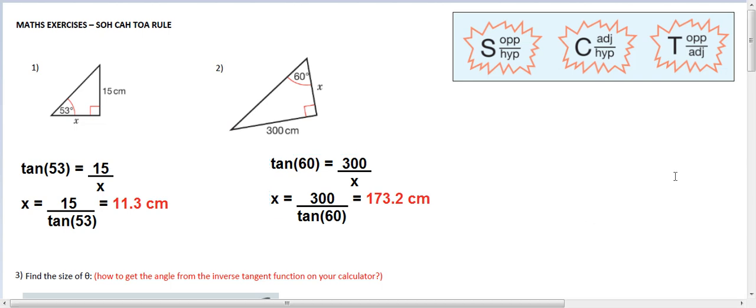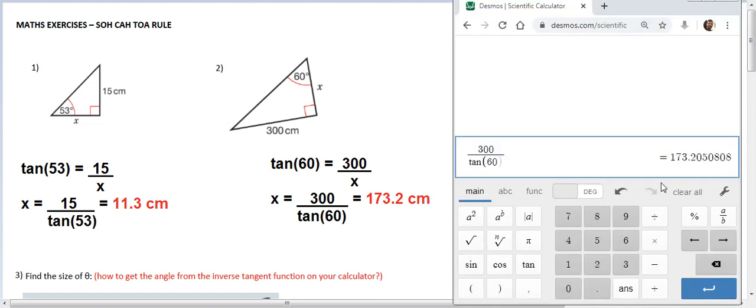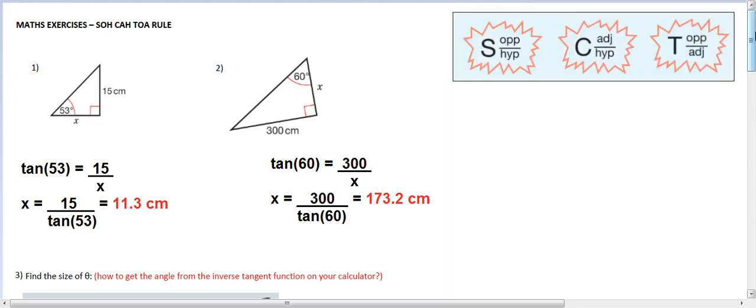So here are the answers for number 1 and number 2, and the way to solve them using your scientific calculator. If you are solving these questions on an exam, it's very important to show some steps. You have to show exactly these steps here.